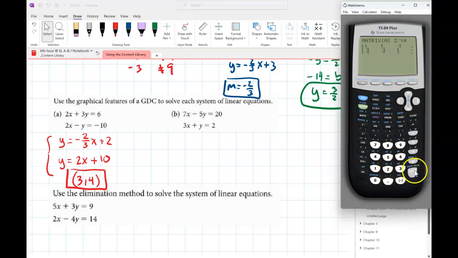So we should have a 2x3 matrix because I have 2 rows, because I have 2 equations, and 3 columns, one for the x's, one for the y's, and one for the solution. Then I do just the coefficients, so 2, 3, 6, 2, -1, and -10.